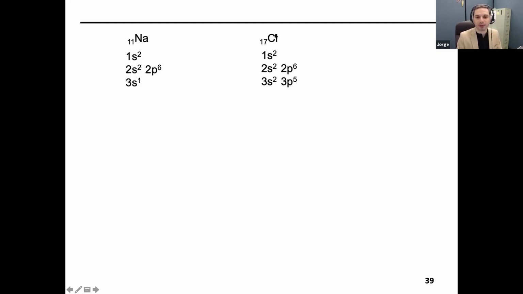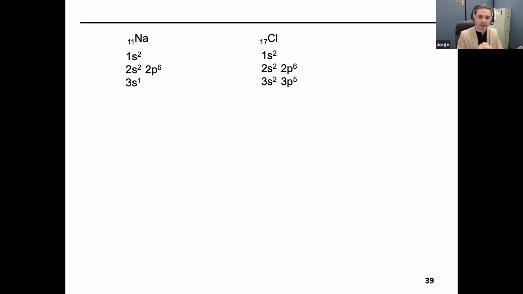and chlorine belongs to the group 17. Every time you are between the groups 13 and 18, you will subtract 10 to get the number of valence electrons. And as you can see here, chlorine has 7 electrons.